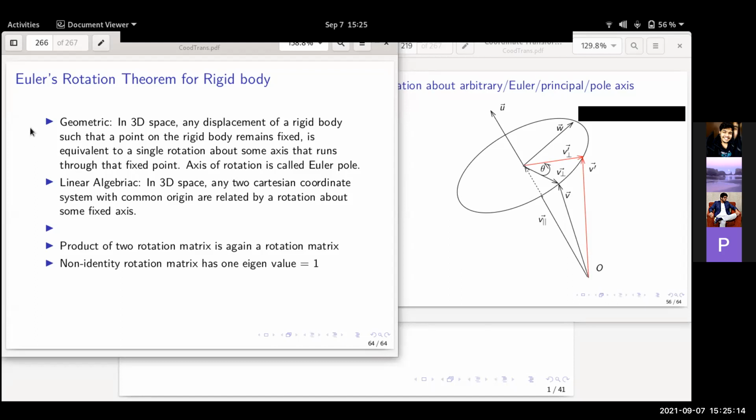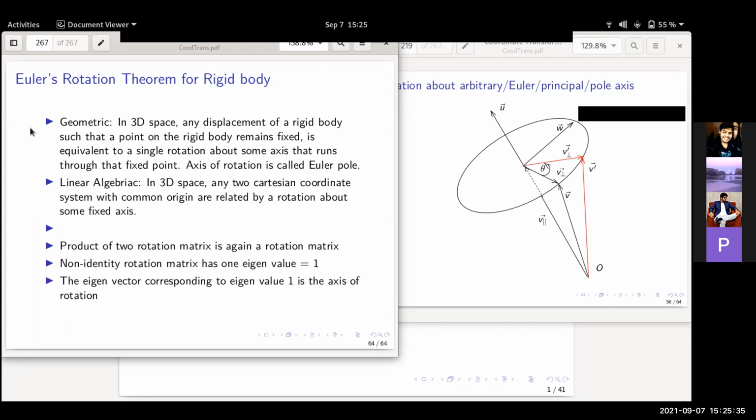And if you have a rotation matrix which is not identity, or which does not rotate by 0 angle, then it has one eigenvalue which is equal to 1. This also we had proved. The eigenvector corresponding to eigenvalue 1 is called the axis of rotation. So this is the summary.